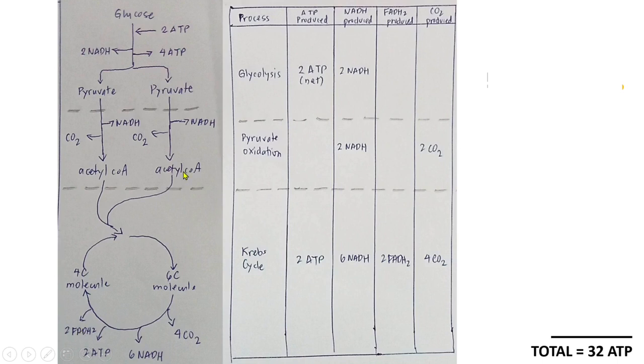But since there are 2 copies of this acetyl-CoA, it now becomes times 2. That's why 2 times 2 is 4 carbon dioxide, 3 times 2 is 6 NADH, 1 times 2 is 2 ATP, and 1 times 2 is 2 FADH. That's why you will have in the Krebs cycle 2 ATP, 6 NADH, 2 FADH2, and 4 carbon dioxide.